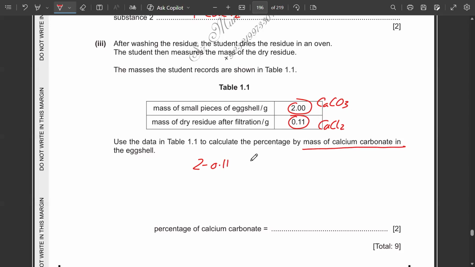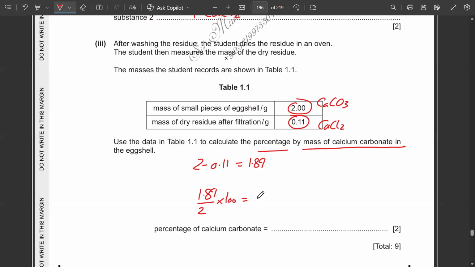So it will be equal to 1.89 gram, and divide this value by the total mass of the calcium carbonate. 1.89 divided by 2 gram. Since it is a percentage, you multiply this value by 100.